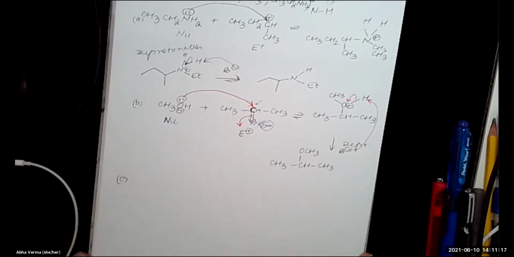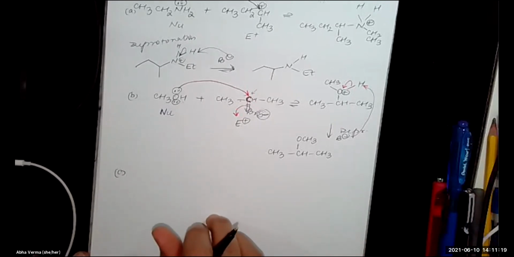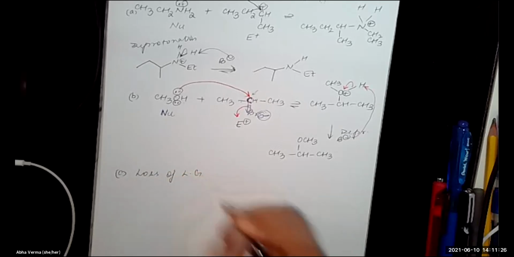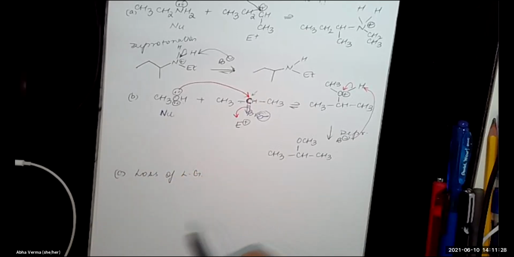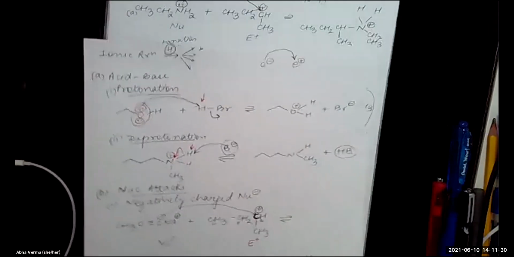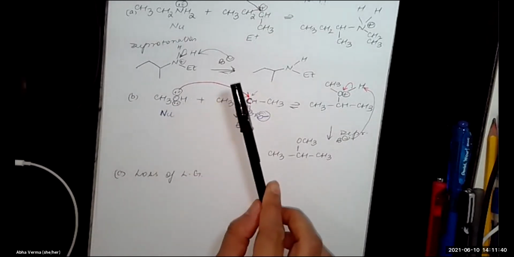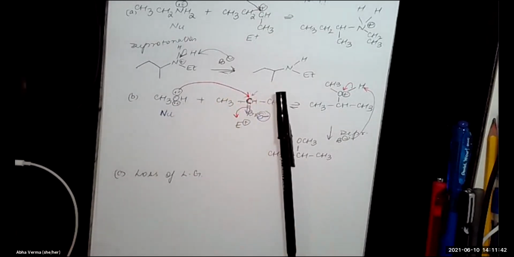This brings us to our third arrow pushing mechanistic step, which is the loss of leaving group. And among all of these, you have already seen the leaving group leave. But how will you know which leaving group will leave? Especially the ones that leave on their own.